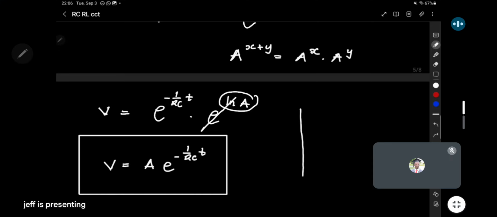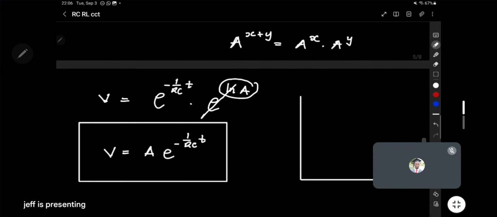What does it mean in terms of what will happen to that circuit? It actually implies that if a capacitor is charged, when t is equal to 0, this part will be 0.